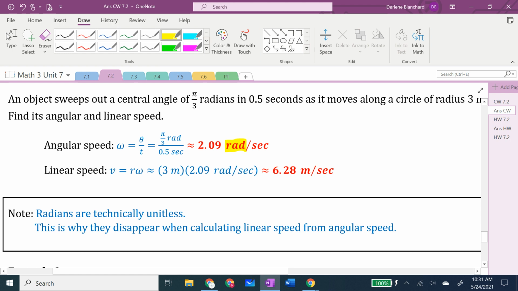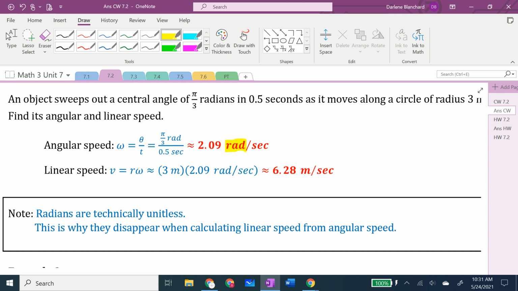But then when we convert that from how much of an angle sweep is made to an actual distance, we completely lose the radians, or if it were degrees, it would be gone. It's technically unit free. When we talk about angular speed and we say radians per second, we have to say something about the turn.